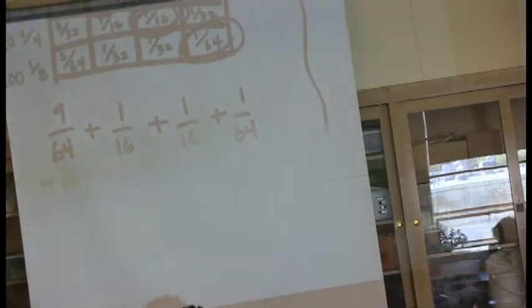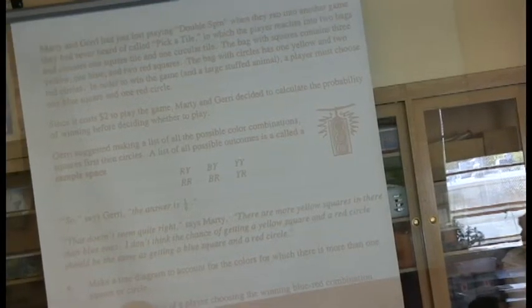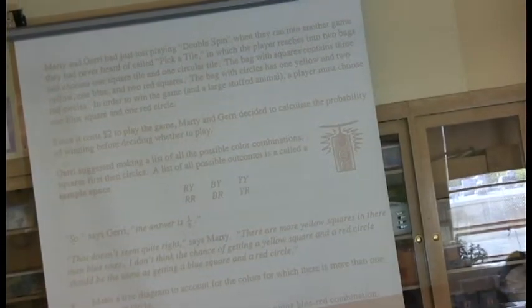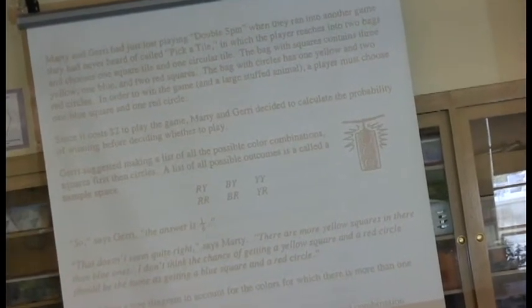Next problem. Flip the page to 29. Find 9-3, please. Okay, here's your question. Marty and Jerry had just lost playing Double Spin. There's a big shock, because we just said their chances of winning were terrible.